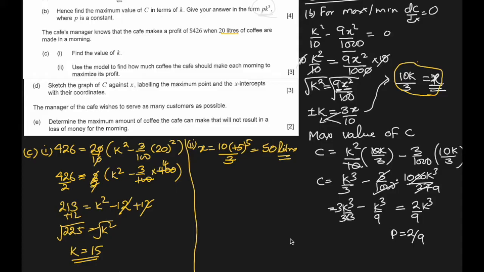D part says sketch the graph of C against X, labeling the maximum point and the x-intercept with their coordinates.